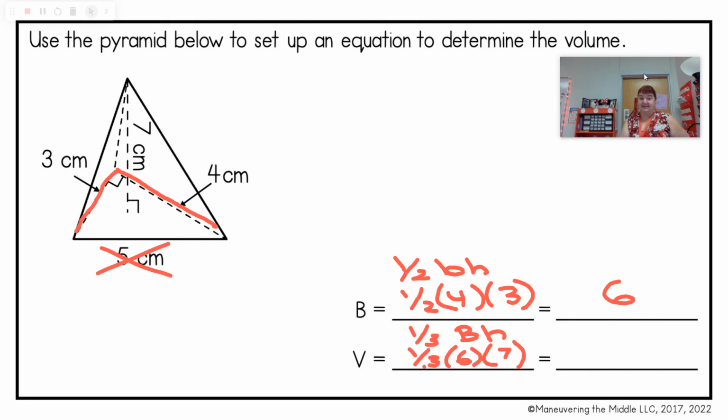Now, it's easy to take 1/3 of 6. What is 1/3 of 6? Did you get 2? I hope so. So if you got 2, then all you have is 2 times 7, which is 14. Oh, and this should have been centimeters squared, and this is centimeters cubed.